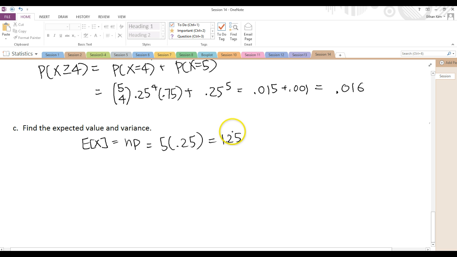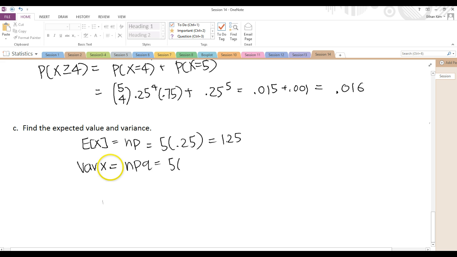Right? And for variance, variance is n times pq, right? So the variance of x is always npq.